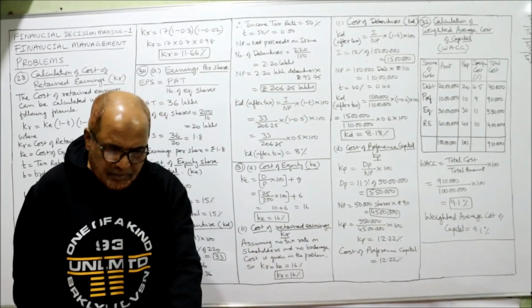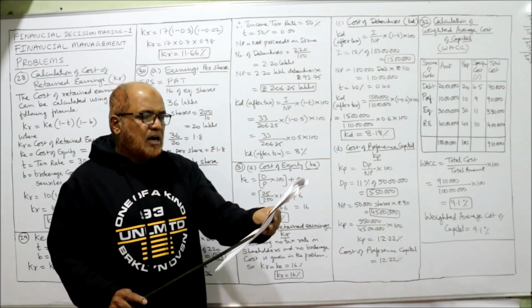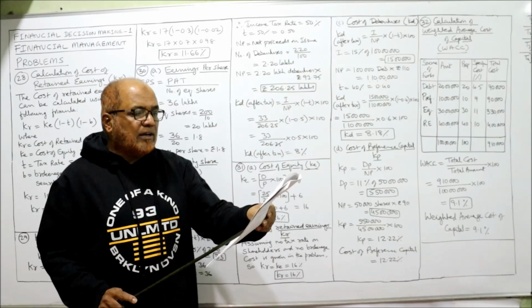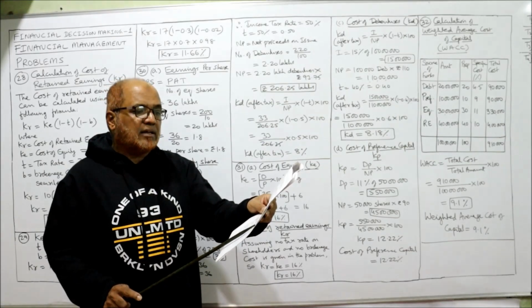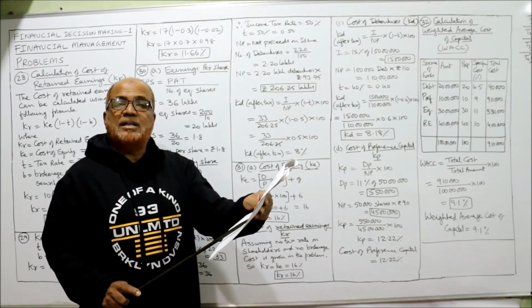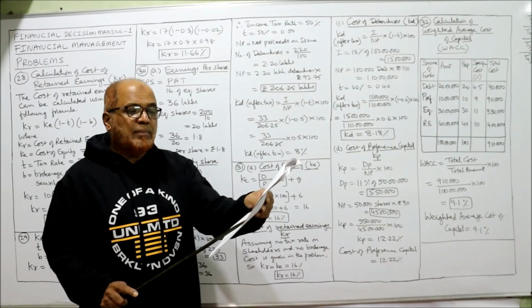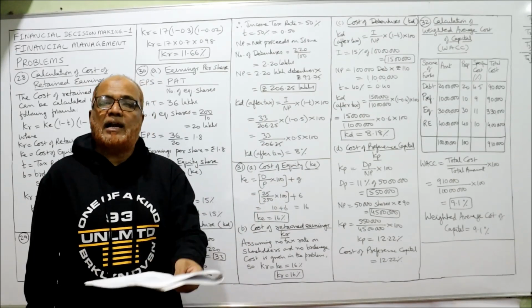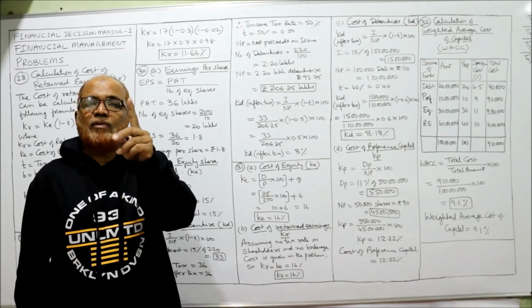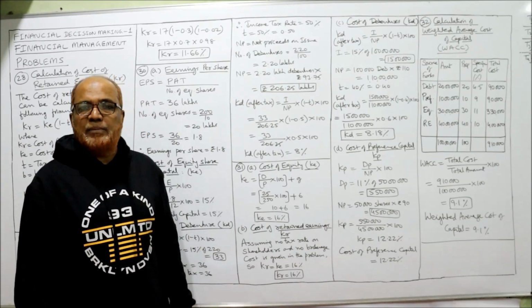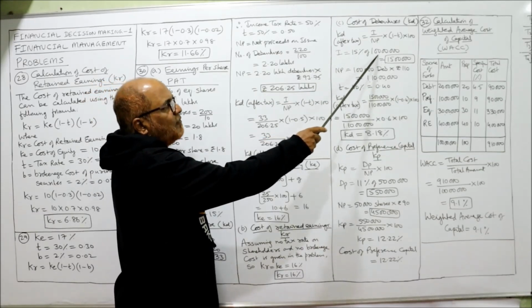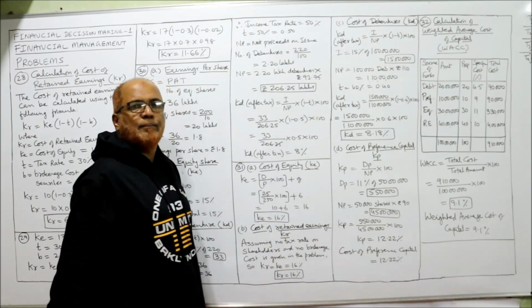Debentures are 1 lakh into 100, each debenture 100 rupees, so 100 lakhs, which means 1 crore. So interest is 15% of 1 crore, which is 15 lakh.